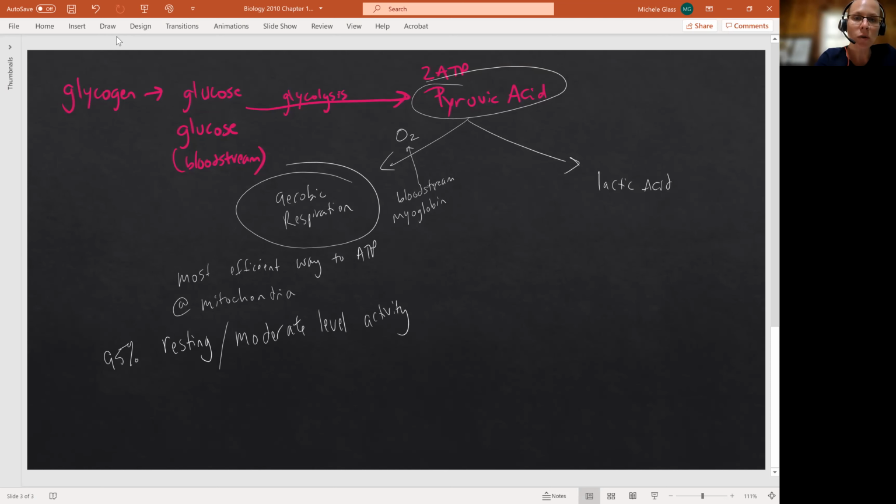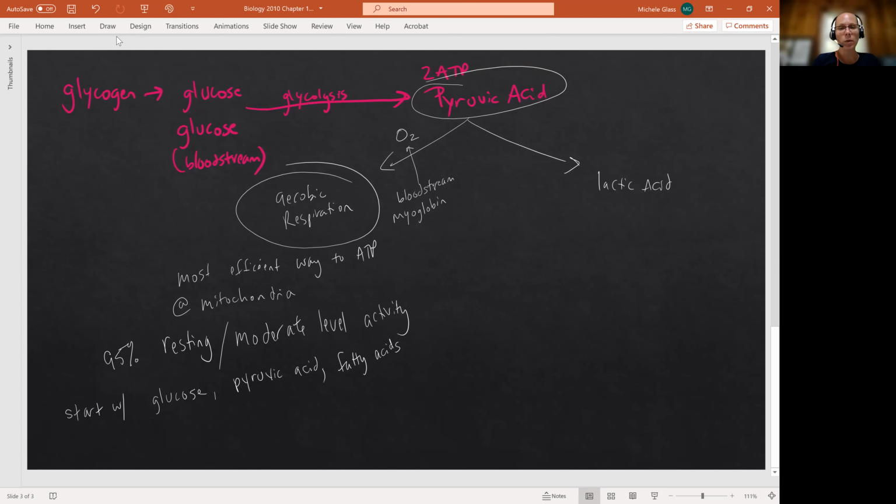Now we can do aerobic respiration. We can start with breaking down glucose like we did with the glycolysis example, we can start with the breaking down of the pyruvic acid molecule, also like what we're looking at here, or we can break down fatty acids.